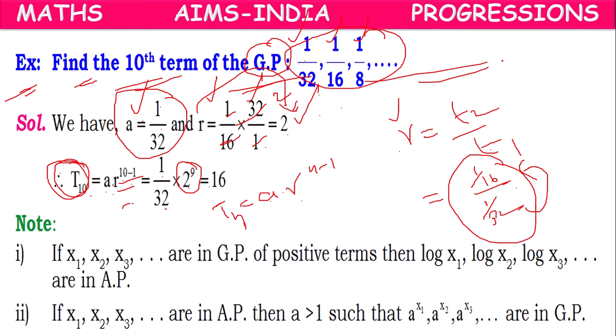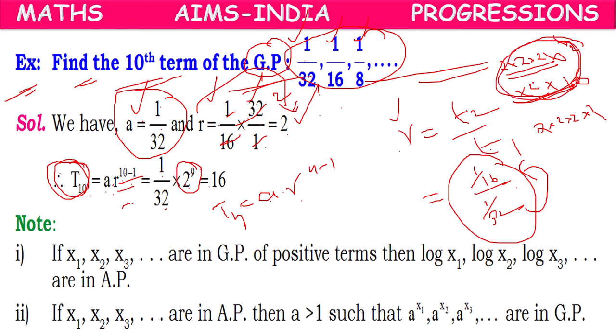2 power 9 means 2 times 4, 2 times 8, 2 times 16, 2 times 32, 32 into 16. 5 twos will make 32, because 2 power 9 means in total we have 9 twos, out of which 5 twos will make 32 and 4 twos will make 16.